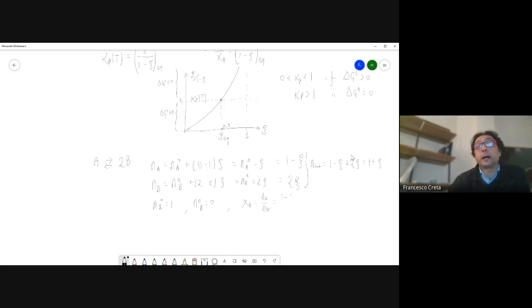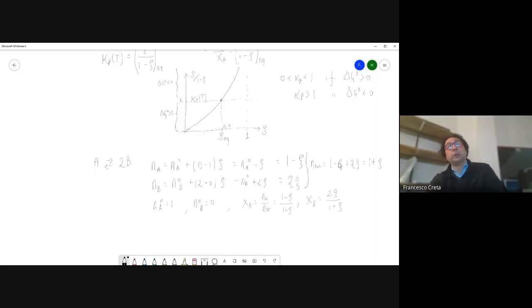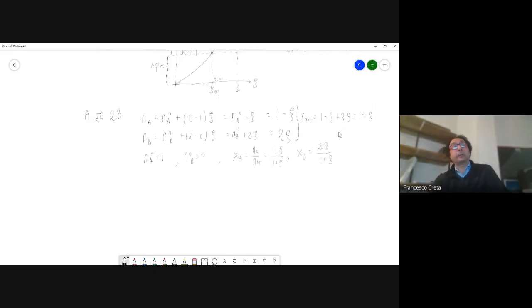So it's 1 minus psi divided by 1 plus psi. And the mole fraction of B is 2 psi divided by 1 plus psi. Okay, so now we have all the ingredients to write down our condition of equilibrium.